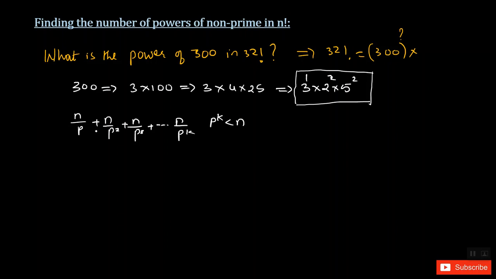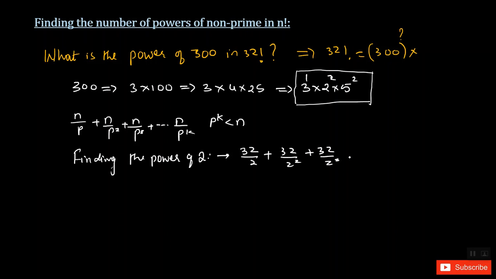So now let's find the power of 2. As we previously did, the power of 2 we got as how much? Let's do it. To find the power of 2, we say 32 by 2 plus 32 by 2 square plus 32 by 2 cube plus 32 by 2 to the power 4.